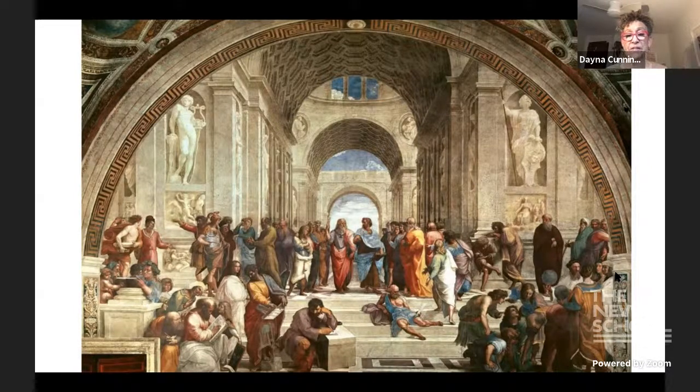Plato is standing up, in the red garment with his hand straight up in the air. He's saying knowledge can be abstracted. Knowledge comes from theory and conception, from ideas. And that is the origin of knowledge.